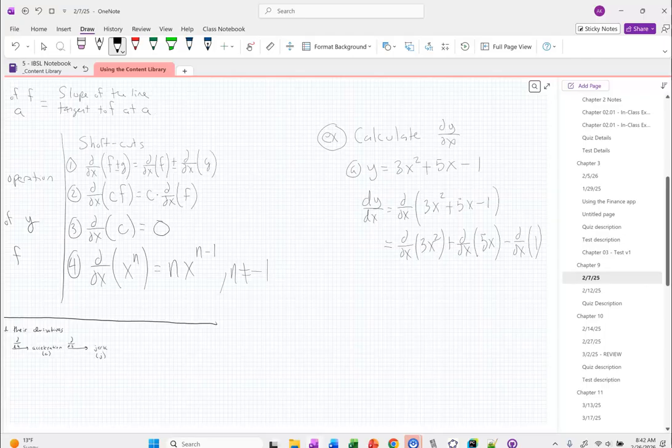Notice in the first derivative I have 3 times x squared. That 3 is like a constant. I can use shortcut 2 to pull that constant out front. I can do the same thing for 5x.